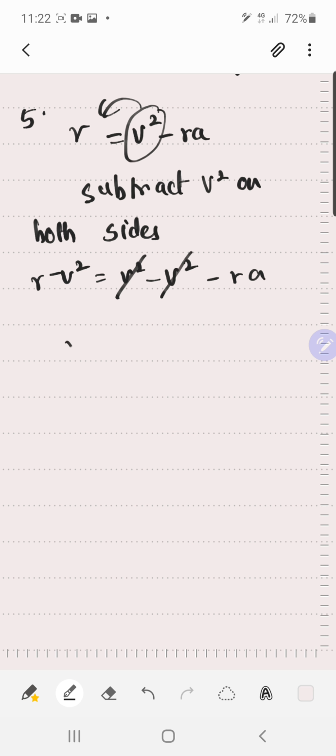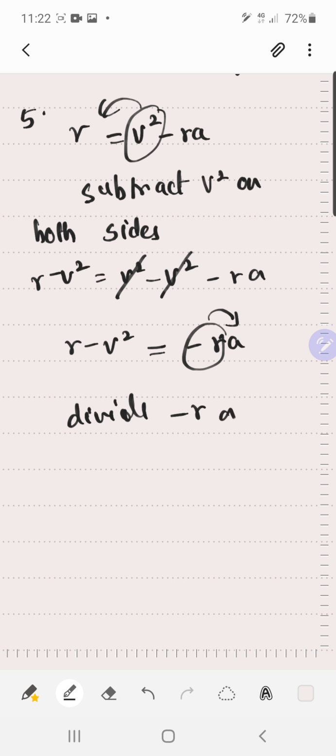So V square is eliminated and V square is transposed onto the left hand side. You want A here. So this is minus R, which is in multiplication with A. If you want to eliminate this, you can write divide by minus R on both sides.